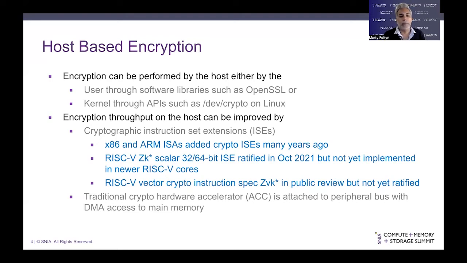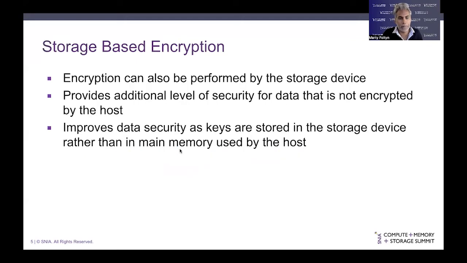These would be implemented on a RISC-V processor with a vector unit that supports the RISC-V vector extension. So the common case would be that the host would be running either a software library, or it would be running crypto extensions to do encryption and decryption.